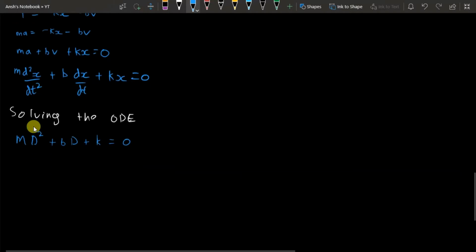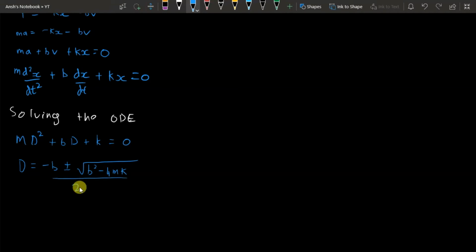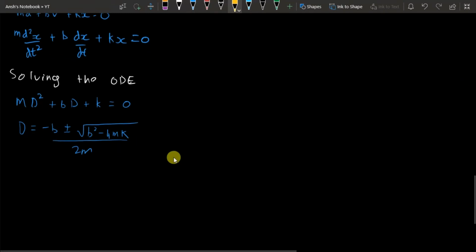So this is a quadratic equation whose roots we want to find. So let's use the discriminant method, and we can write the roots as D is equal to minus b plus or minus square root of b square minus 4mk over 2m.